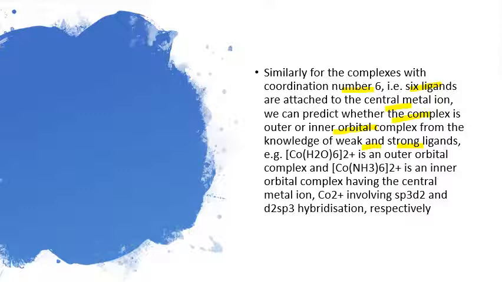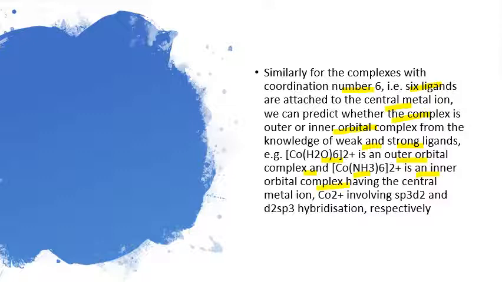For example, the cobalt complex is an outer orbital complex with the neutral ligand water, H2O, and the same central metal ion with the ligand NH3, which is the stronger ligand, forms the inner orbital complex.